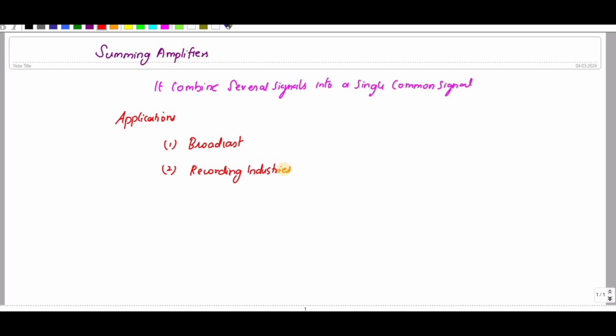The ideal summing amplifier would present each input signal with an isolated load which is not affected by other channels.